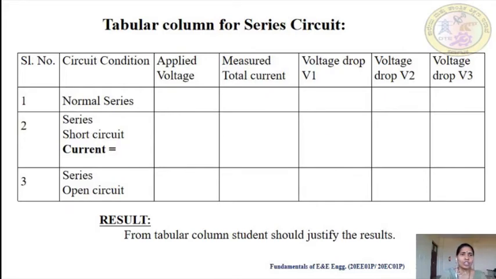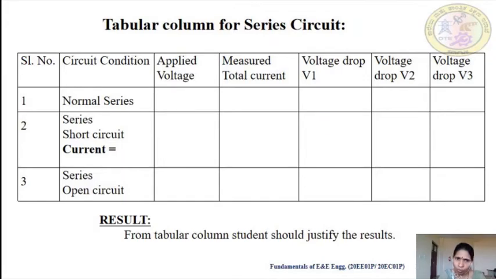The first condition, normal series: we have to write the applied voltage, measured current, voltage drops V1, V2 and V3. In the second one we go through the short circuit condition. Here we have to write the applied voltage and all the conditions mentioned in the tabular column. Third one, series open circuit.